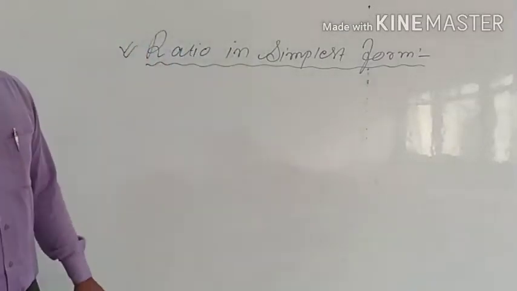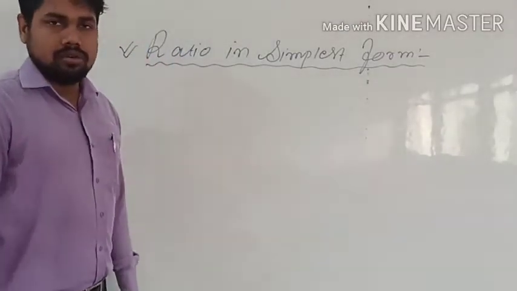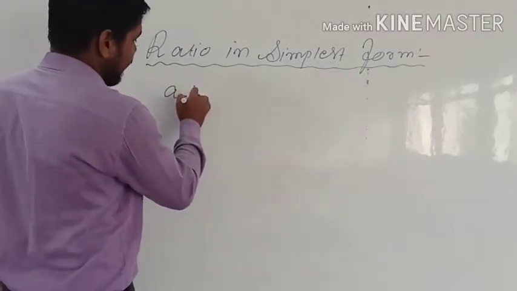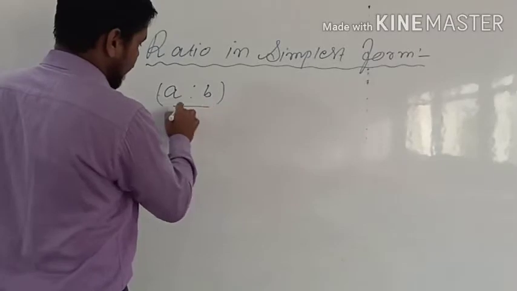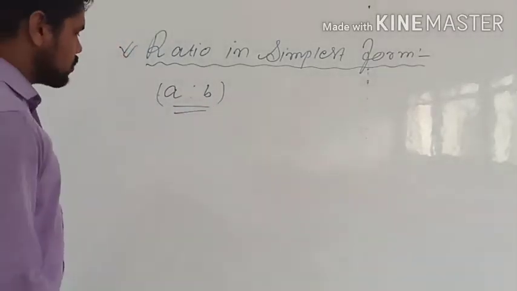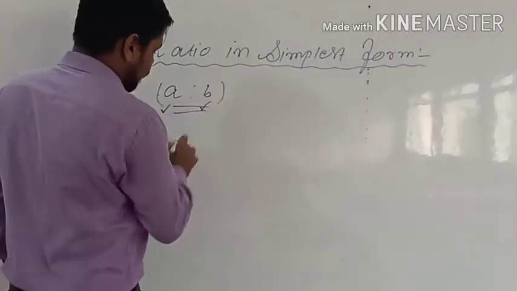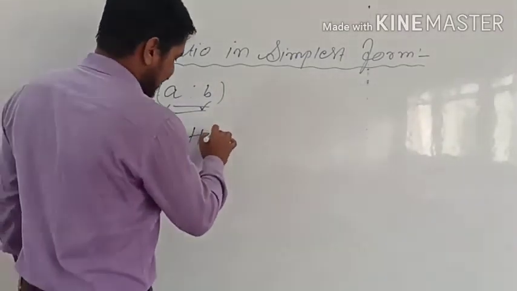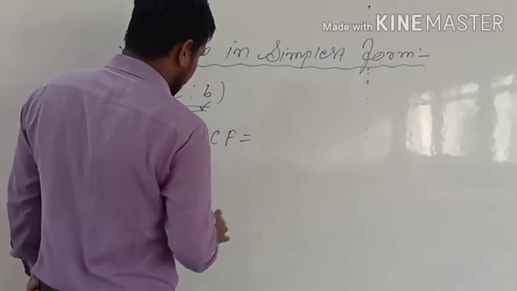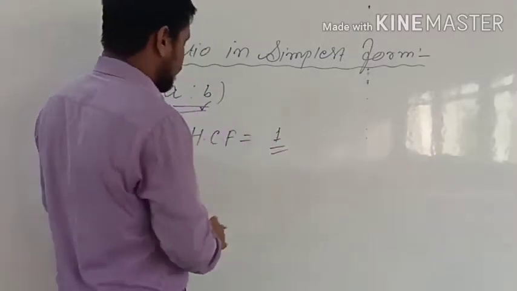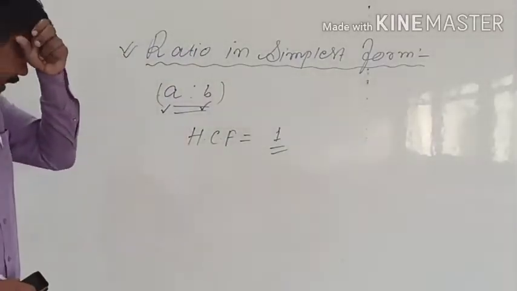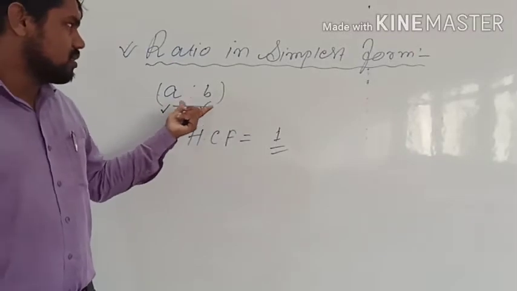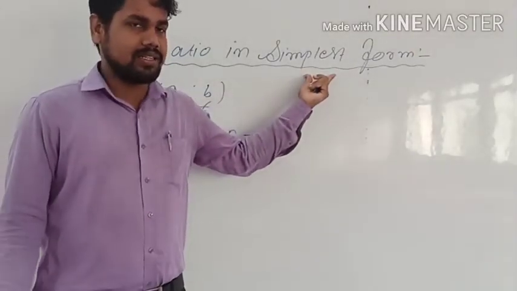Okay. So for that, when you see two numbers are in ratio, suppose A and B, if you see the HCF, highest common factor of these two numbers, when the HCF of these two numbers is 1, then only you can say that that ratio, that particular two numbers in the ratio, are in simplest form.